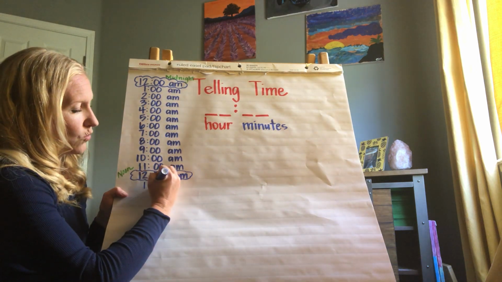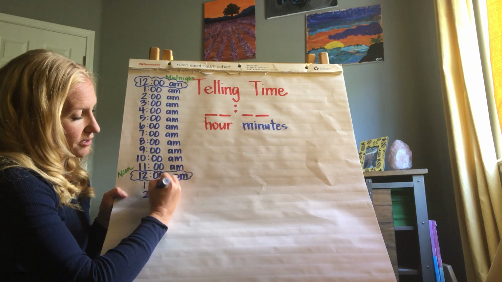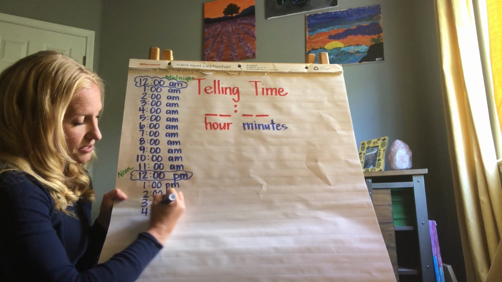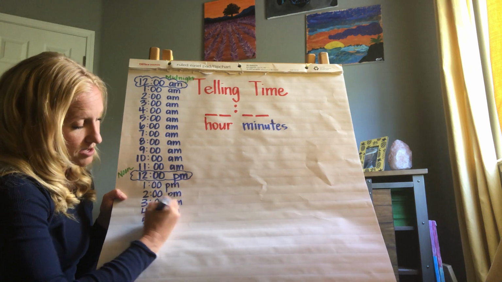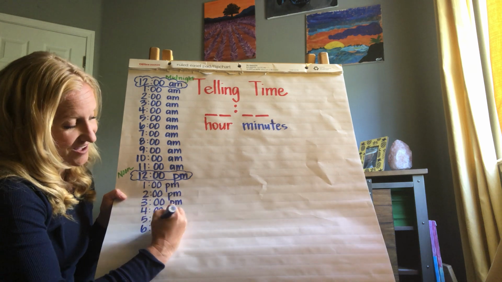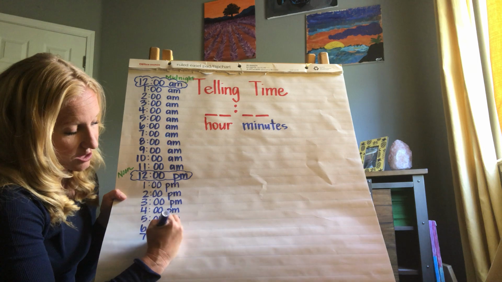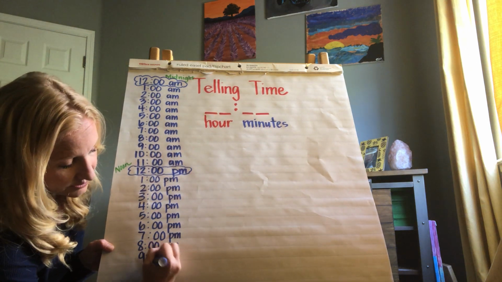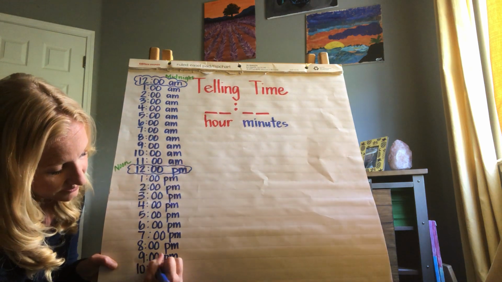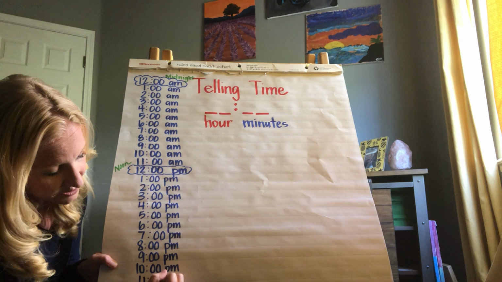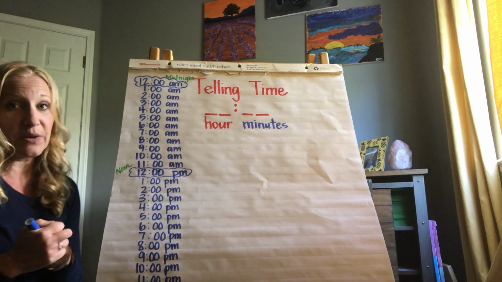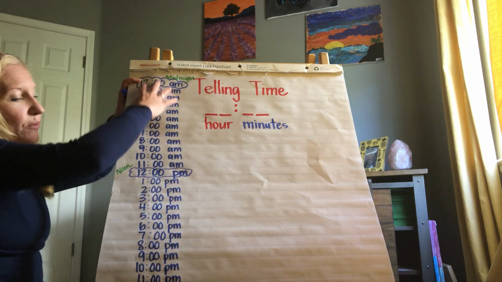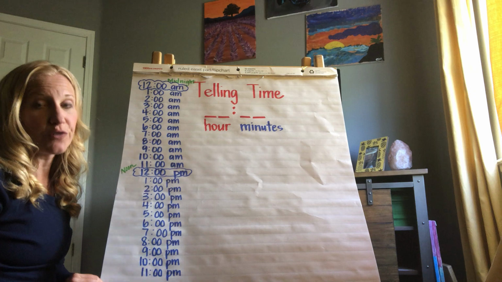So now look, now we have 1 o'clock p.m., 2 o'clock p.m., 3 o'clock p.m., 4 o'clock p.m., 5 o'clock p.m., 6 o'clock p.m., 7 o'clock p.m., 8 o'clock p.m., 9 o'clock p.m., 10 o'clock p.m., 11 o'clock p.m., and then we got all the way down to 11 o'clock, and boom, it would go back up here to our next day. So this right here is one full day.